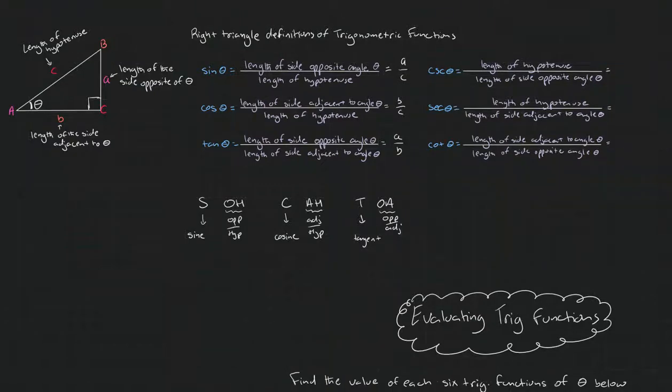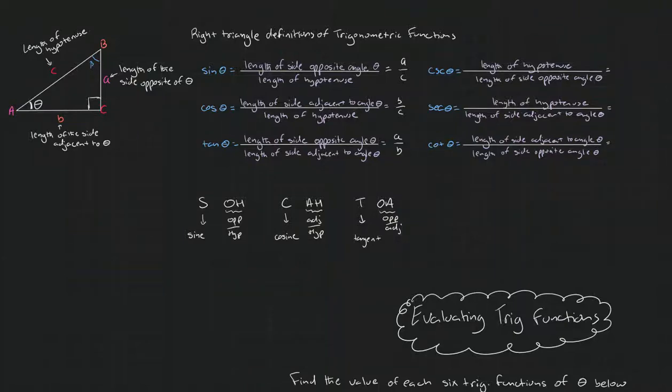For example, if this angle were beta, it would be completely different. The opposite for sine of beta would be B over C, and so on, to get the idea.